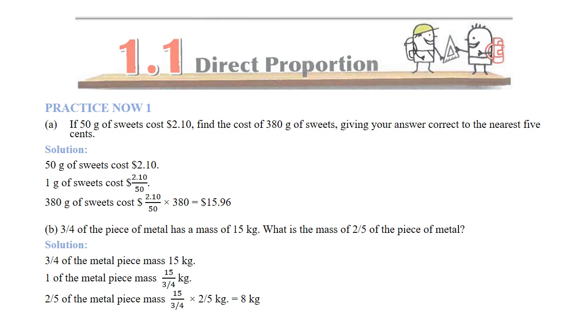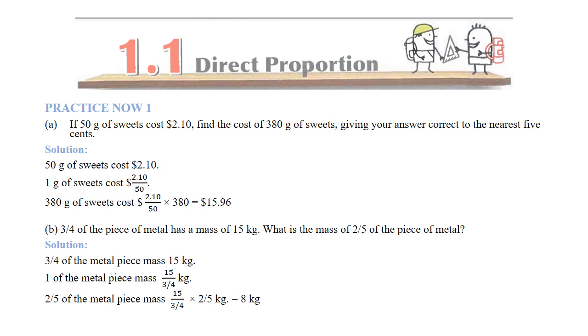And then in order to obtain for 380 grams of sweets, we have to multiply on both sides, which is mass and the price. So this gives us the price of 380 grams of sweets, $15.96. We have given the price until the second decimal place, as we were asked to give up to 5 cents.